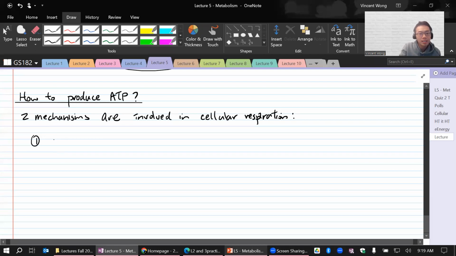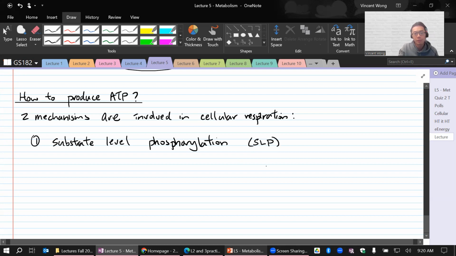Okay, first name is called substrate level phosphorylation. We can call it SLP for short. Substrate level phosphorylation.